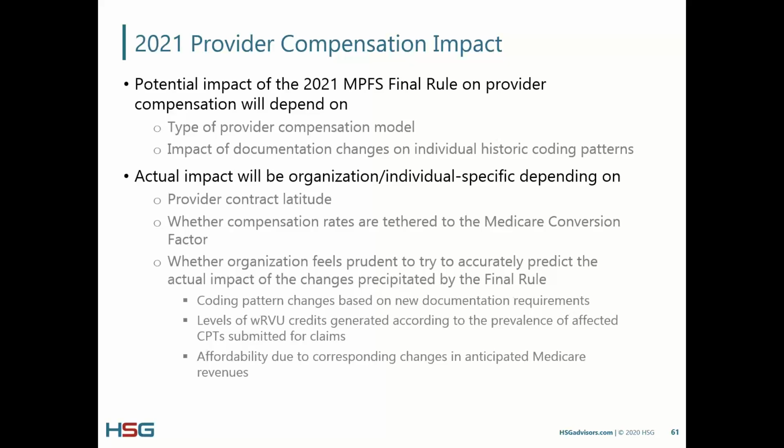And then the other depends on whether the organization feels it's prudent to try to accurately predict the actual impact of changes precipitated by all aspects of the final rule. And that's that whole thing that I was mentioning just a minute ago about, what's it going to do to our coding patterns with these new documentation requirements? Where are we going to end up with all this?